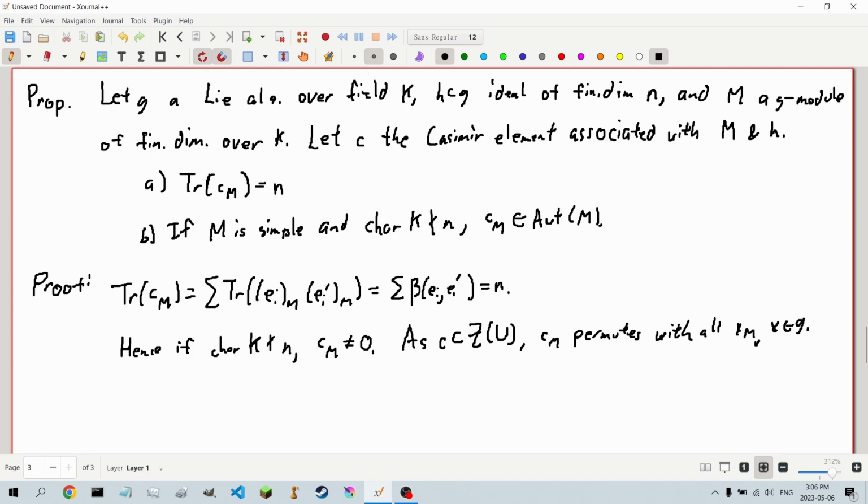X acting as a function acting on M. And in our second case, if M is simple, then C_M is invertible in the set of linear maps on M. And there we go. That relies on a proposition in a different book, which we do not have access to.